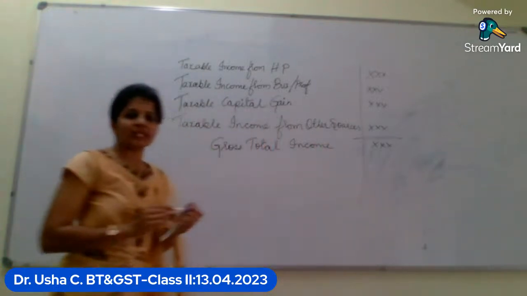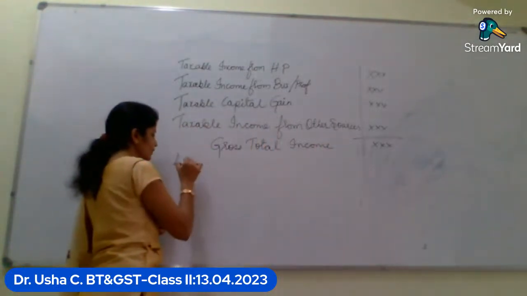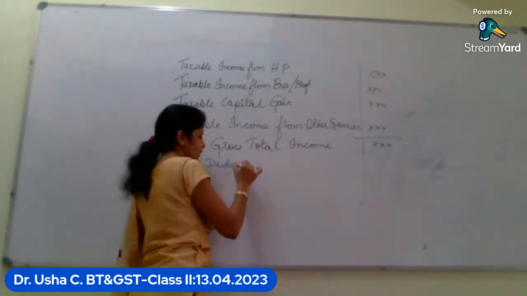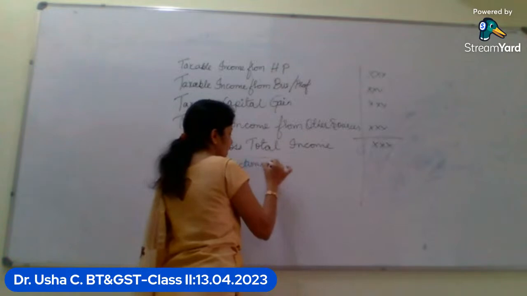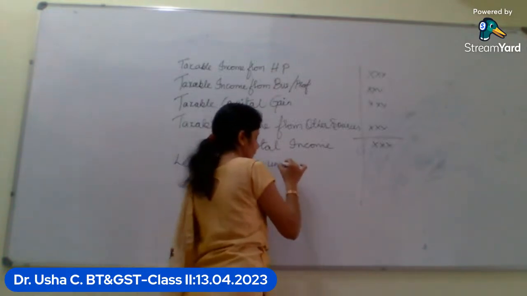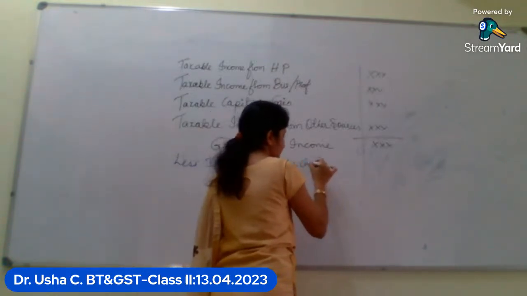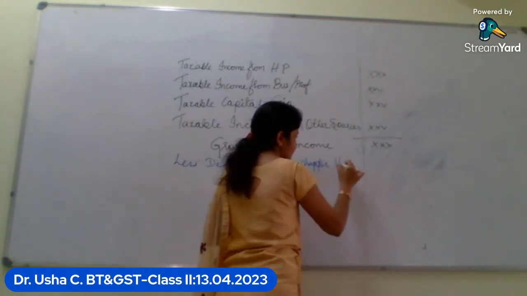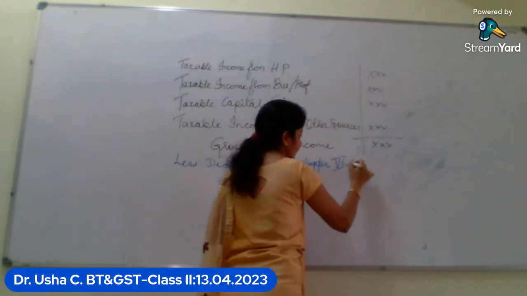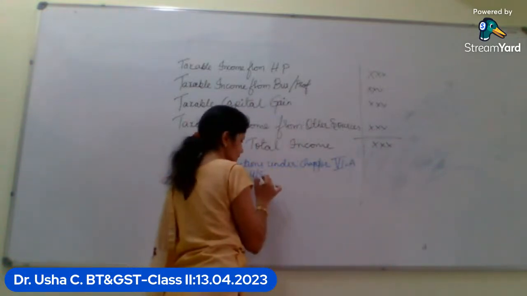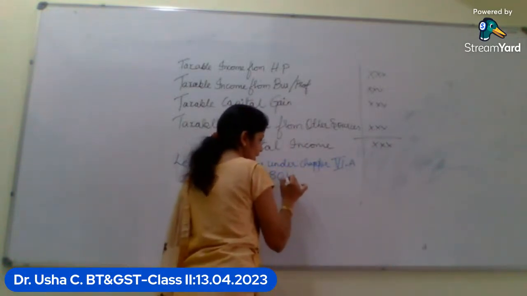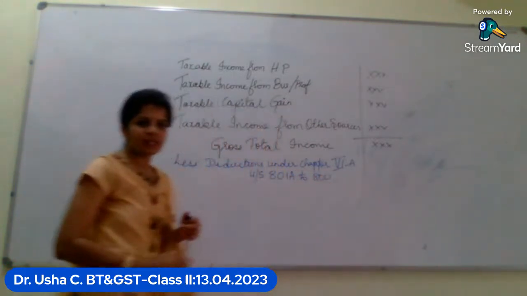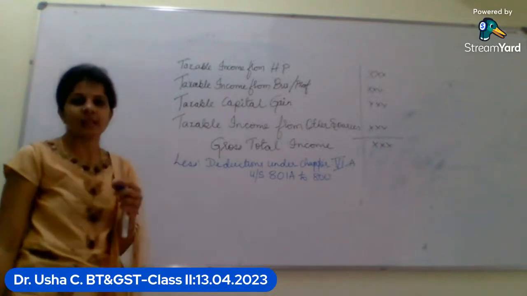For this gross total income, we have to give deductions under chapter 6A, from section 80IA to 80U.